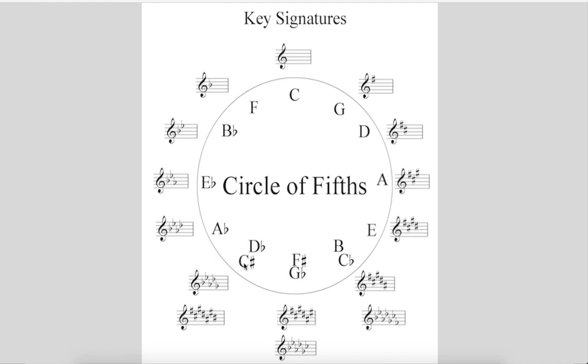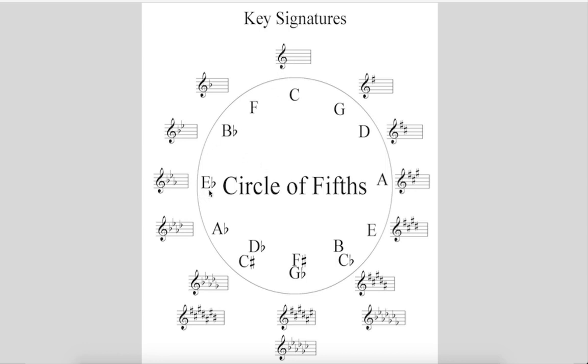If we stay and do C sharp, we're at 7 sharps. But let's jump back and switch to G flat here. So we're at 6 flats, and now that we're in flats, we're going to lose one at every turn. So G flat to D flat, 5 flats, A flat 4, 3, 2, 1, and then back to 0, right?